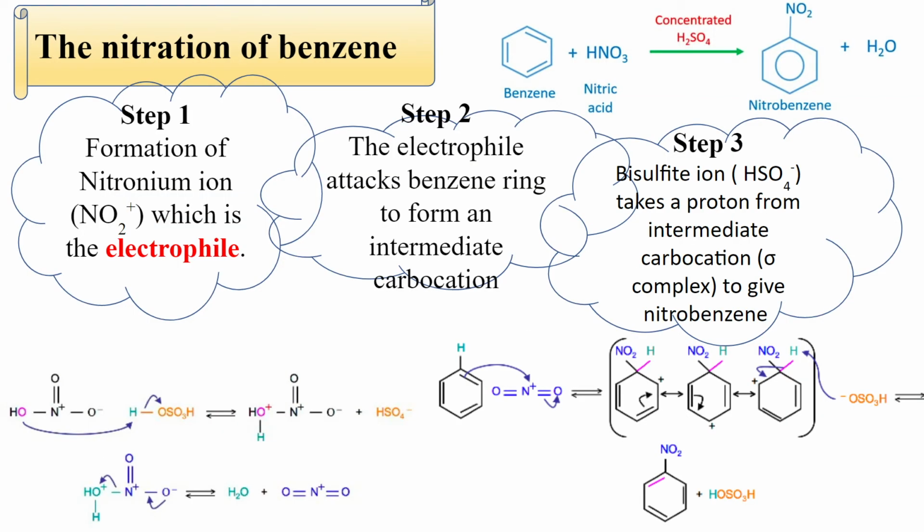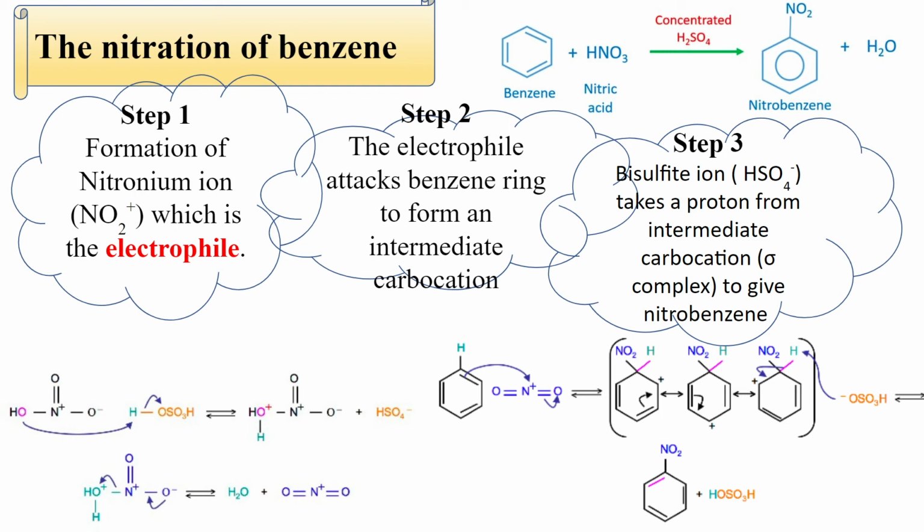The nitration of benzene. The nitration of benzene occurs via electrophilic substitution. The first stage in the reaction is the formation of the electrophile. This is the nitronium ion, or NO2+, which is formed when concentrated sulfuric acid reacts with concentrated nitric acid.